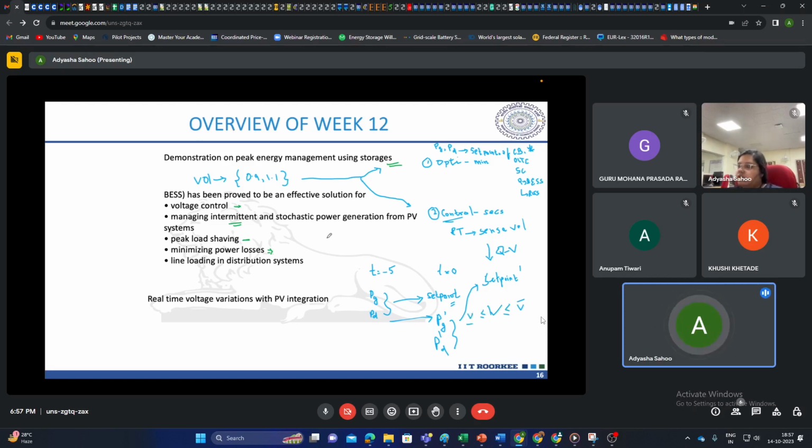Okay, so this is how the voltage management is done in the system. These real-time voltage variations are handled with the help of controllers, which may be normal droop-based controllers or adaptive droop-based controllers.